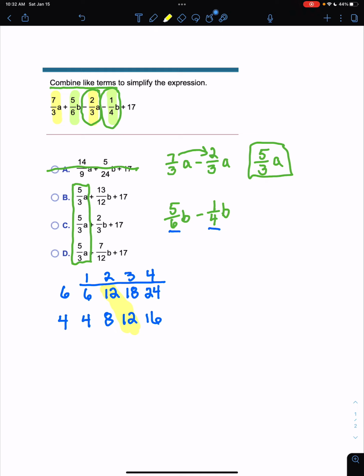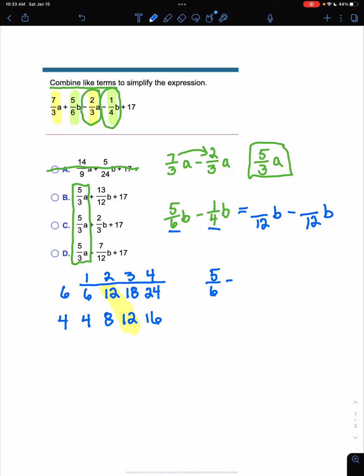We could keep going and find others, honestly. But we're going to use 12 as our common denominator. So instead of sixths, we're going to have twelfths B minus twelfths B.